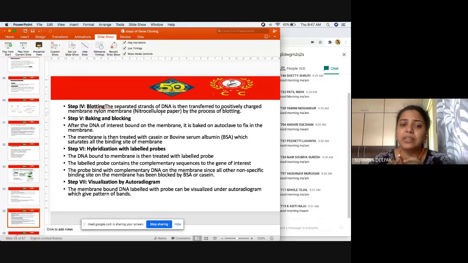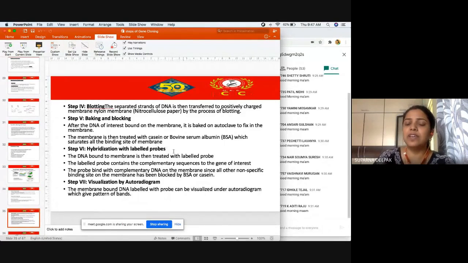The membrane is then treated with casein or BSA, which saturates all the binding sites of the membrane. That is what I was talking about. The remaining sites, other than your nucleic acids, if they are kept open, the probes can sometimes go and bind to these other sites. The nitrocellulose membrane has an affinity for nucleic acids, and the probes are also nucleic acids.